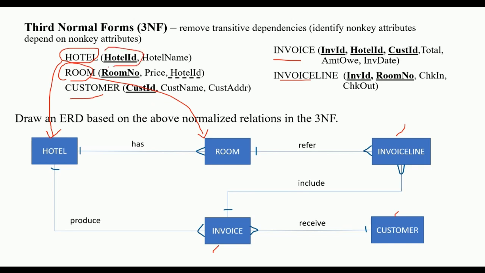This is hotel ID, this is the primary key. Wherever there's a primary key, it will be 1. And this is hotel ID. Hotel ID here is the foreign key, so it will be many. So you can see here, this is 1, 1, and this is many. This is the Crow's Foot notation, yeah. This is many. So one hotel has many rooms, so it makes sense.